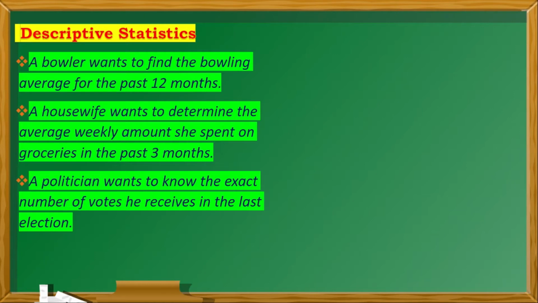So ano yung napapansin niyo dyan sa mga sentences natin? Ang goal kasi ng descriptive statistics, after getting the result, you're just going to describe or interpret the data or the result. Ang inferential naman kasi, yung nakuha nating result dito, yun yung gagamitin para sa future reference.